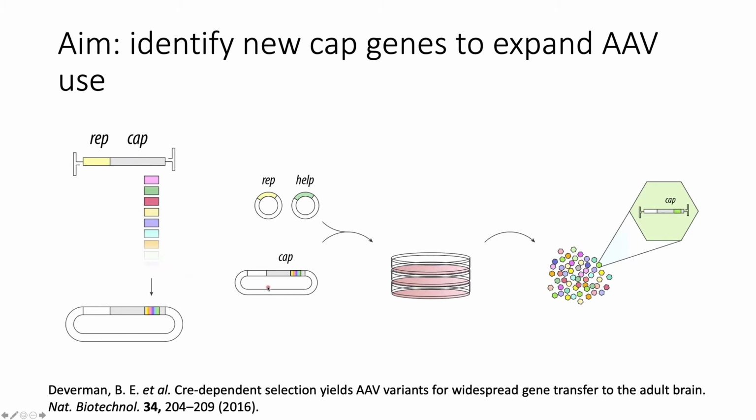Then AAV particles encoding the genes for this CAP protein are produced, and the result is a unique AAV particle with a unique CAP protein, which contains the DNA string containing the specific CAP gene.